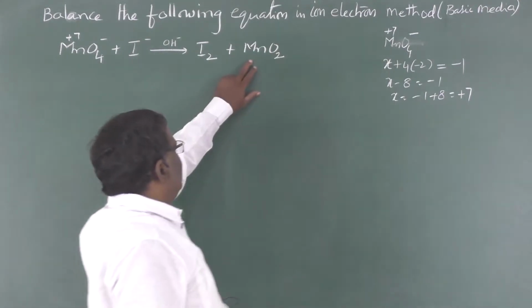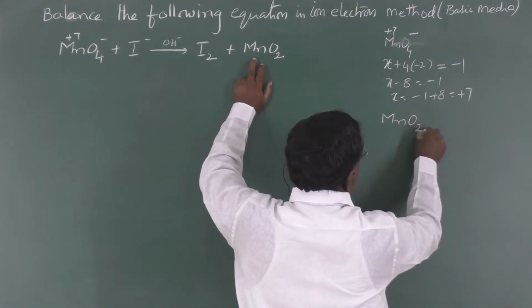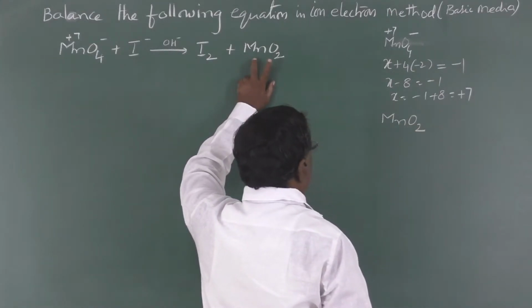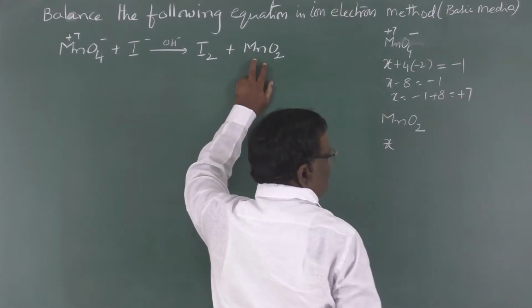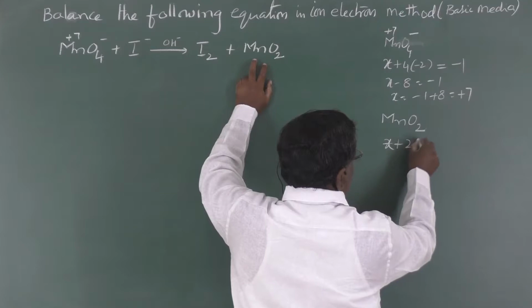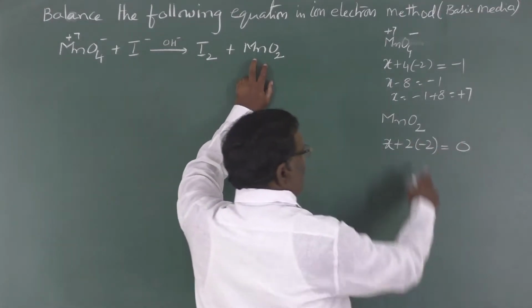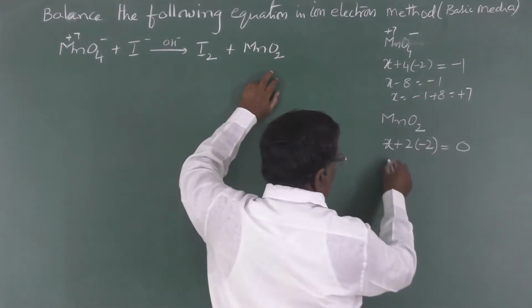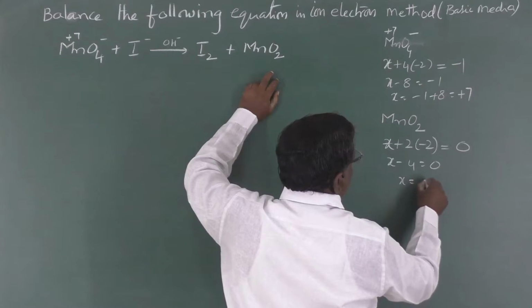Now on this side, MnO2, there is no charge on it. That means the sum of the oxidation states of manganese and oxygen together will be equal to 0. So manganese oxidation state is X, and oxygen is -2, 2 oxygens are there, 2 into -2, and the sum is equal to 0 because there is no charge. So X minus 4 is equal to 0, X is equal to 4.